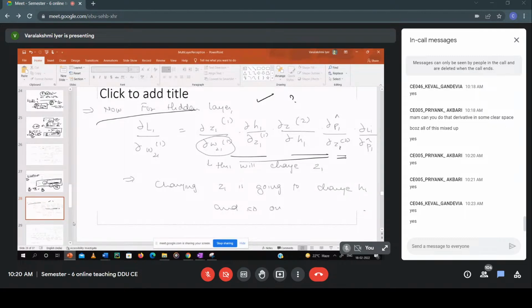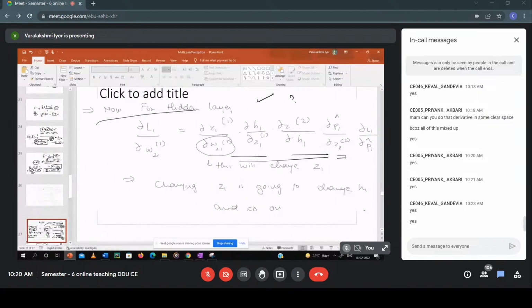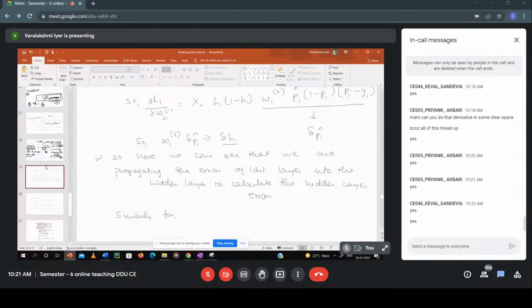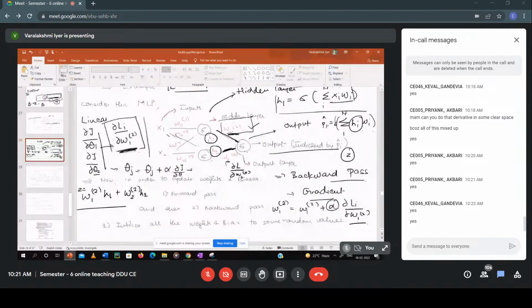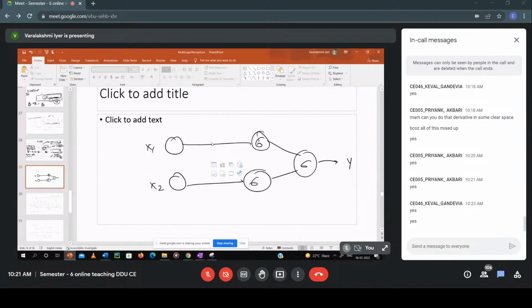Just a minute. Let me bring that slide here. Okay, let me make the diagram again. So we have x1, we have x2, and this is the h1 that we have, sigmoid output by Pi hat.